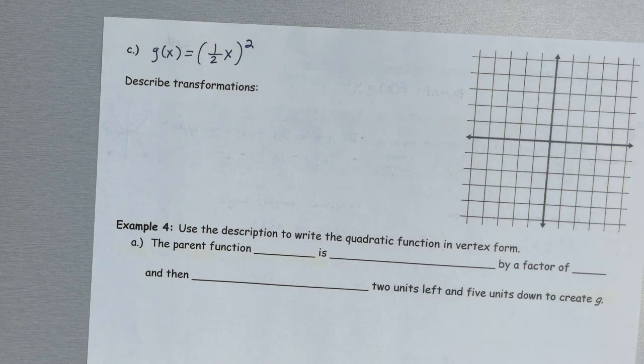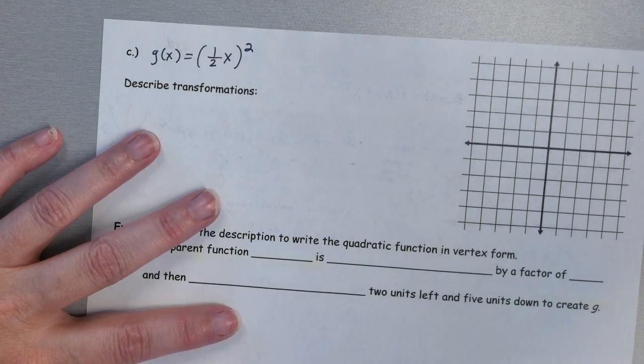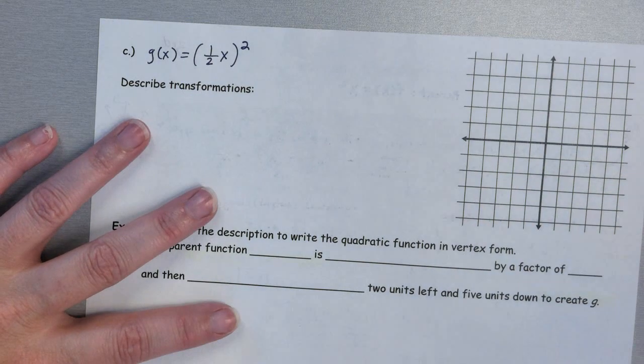Alright, so you have to simplify first in order to find your A, B values from your function.